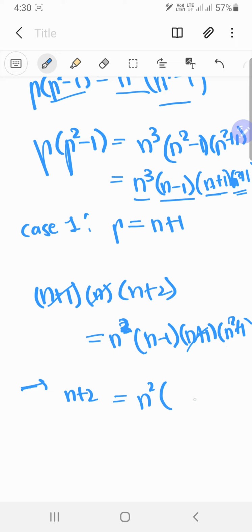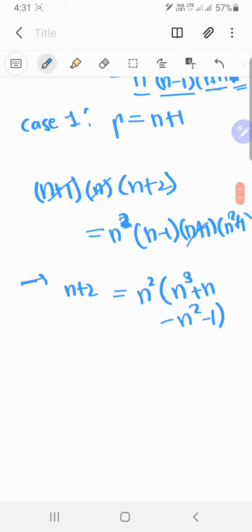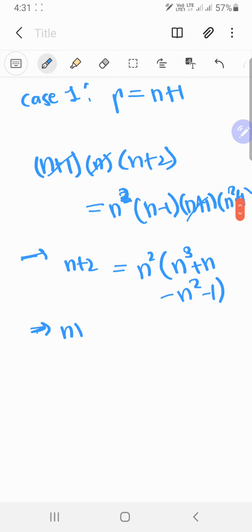So that will be n cubed plus n minus n squared and minus 1. Yeah, that looks correct. So this will tell me n plus 2 is equal to n to the power 5 plus n cubed minus n squared minus n to the power 4 over there, right? So minus n to the power 4 and minus n squared.